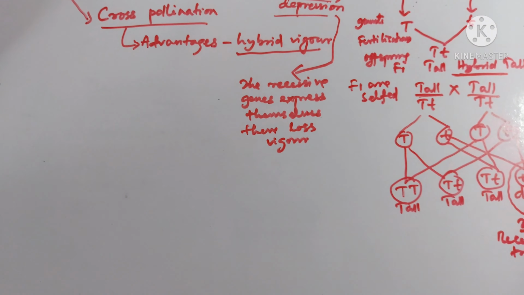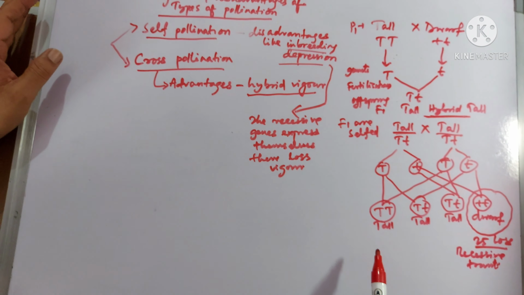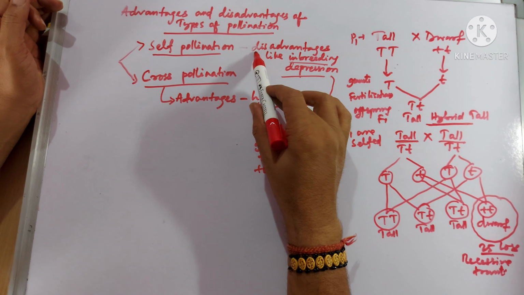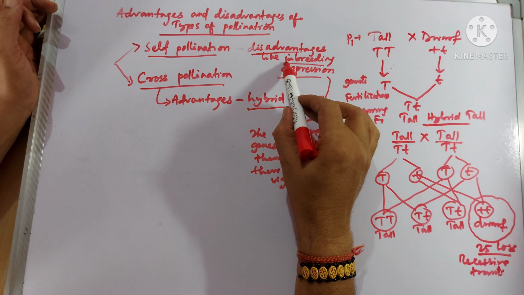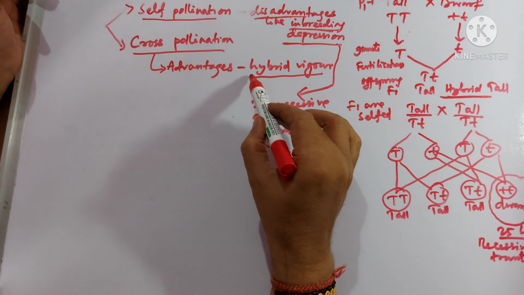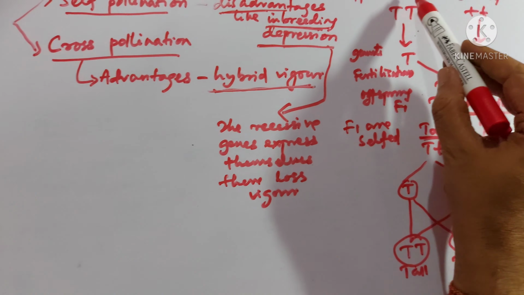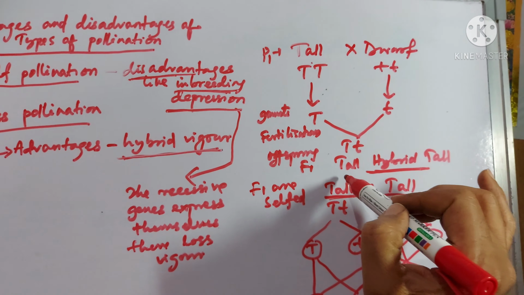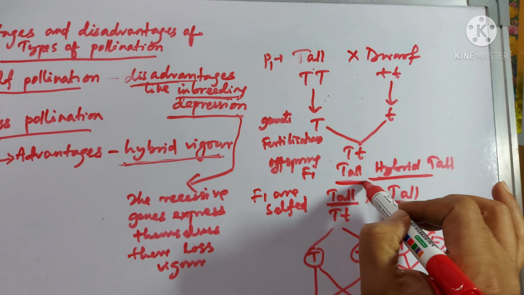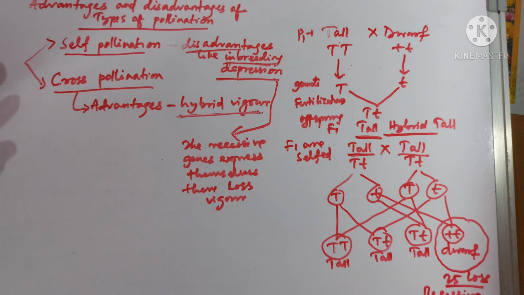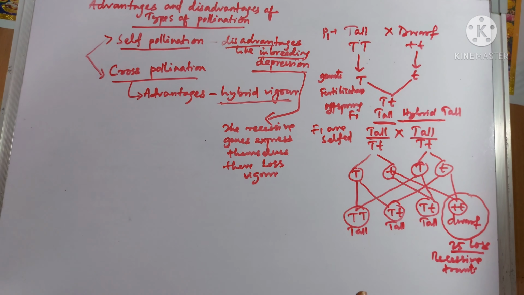So from this we can easily conclude that self pollination has a very important disadvantage, what we call inbreeding depression, and in cross pollination, that is called hybrid vigor, where the dwarf character is suppressed and the good character, the tall, is expressed. So this is called advantages and disadvantages.